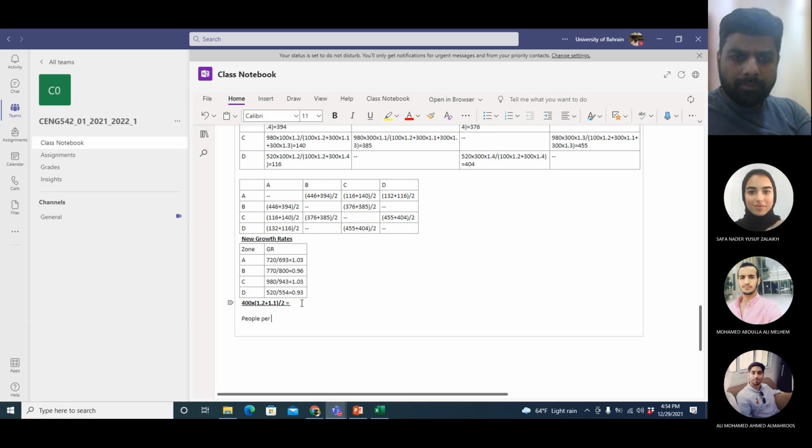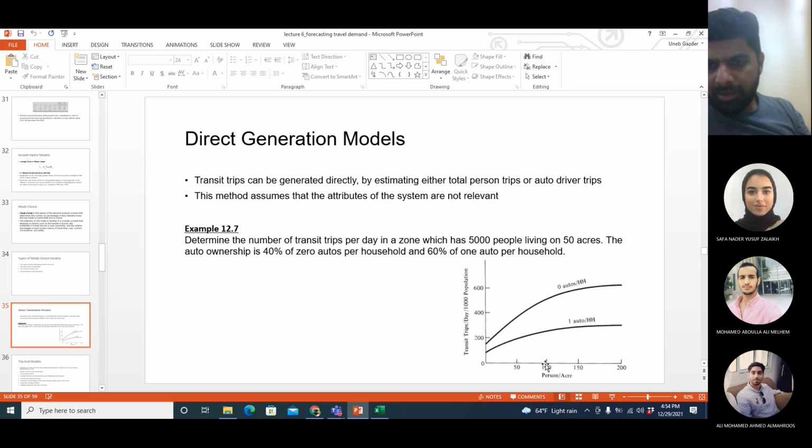So people per acre, 5,000 divided by 50, which is 100. Now if you come to the graph and look at 100, the trips for households which have one auto is around, let me use a line here, let's say it's 220.